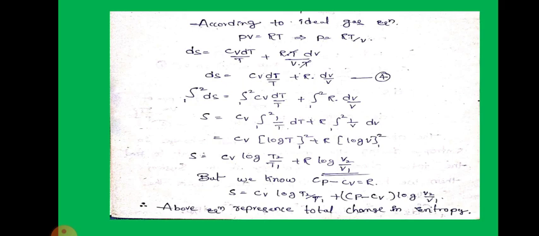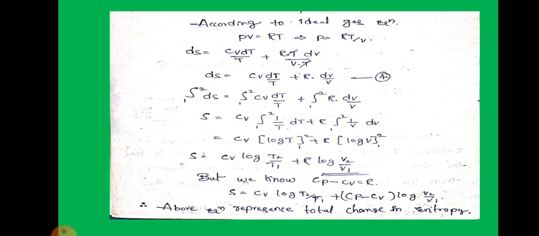Integral 1 to 2 of dS = integral of Cv dT/T plus integral of R dV/V. So S = Cv integral 1 to 2 of (1/T) dT plus R integral 1 to 2 of (1/V) dV. Therefore S = Cv log T plus R log V between limits 1 to 2. So S = Cv log T2/T1 plus R log V2/V1.